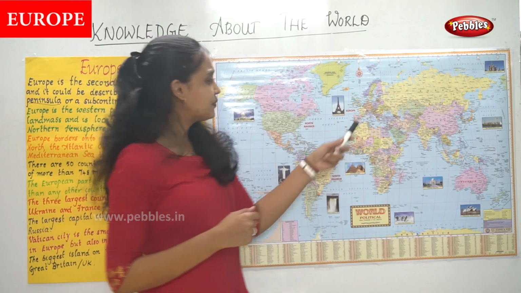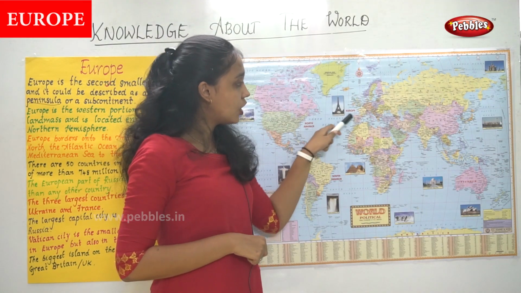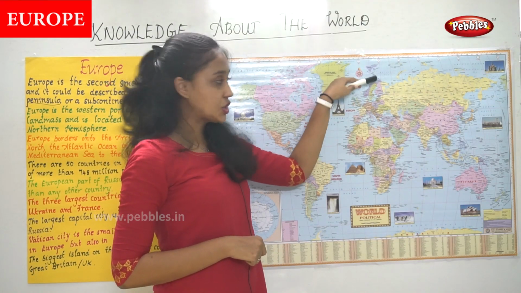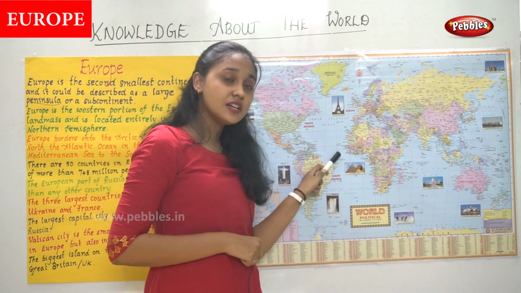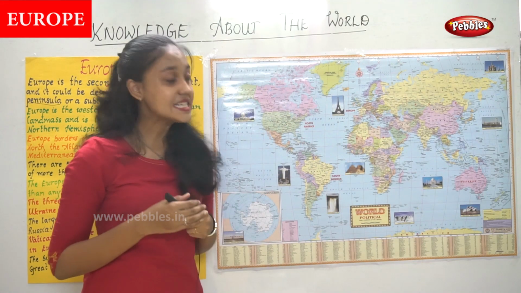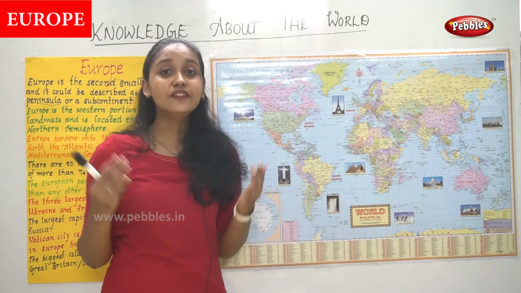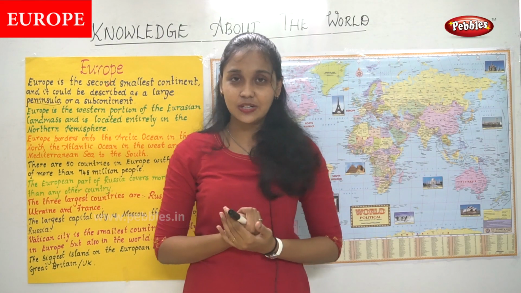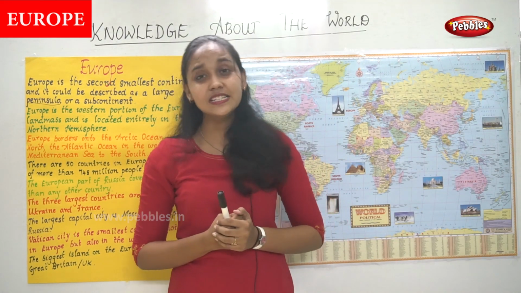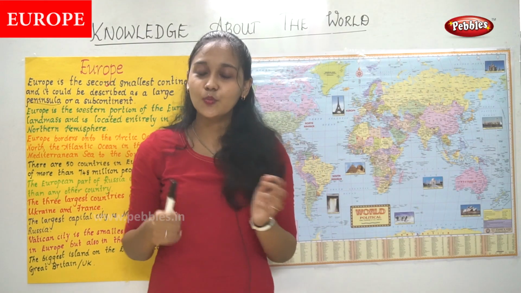Similarly, see the continent of Europe. There is water on three sides. See, in the north we have the ocean here, the ocean here as well, and here we have the Mediterranean Sea. Whereas on the east we have the continent of Asia. So it fits our definition. It is filled with water on three sides and land on one side.